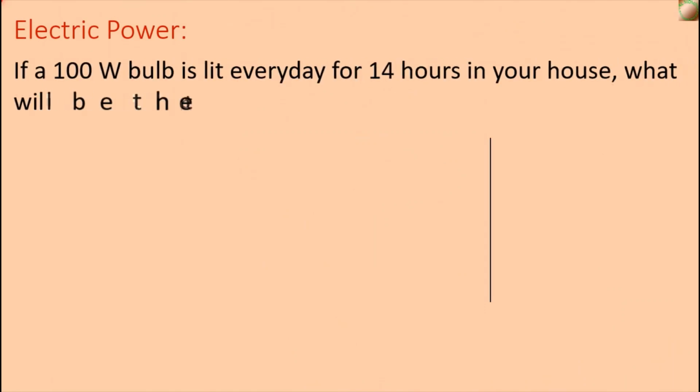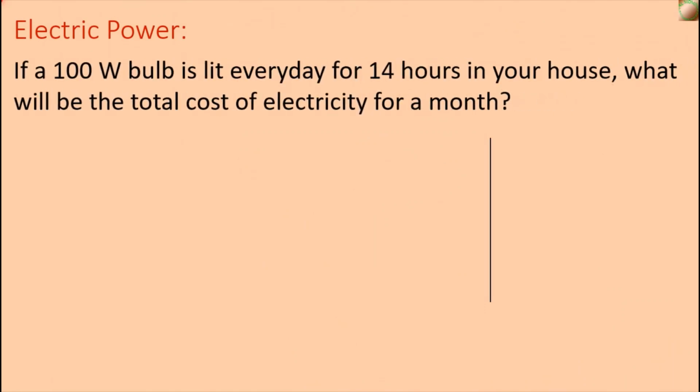If a 100 watt bulb is lit every day for 14 hours in your house, what will be the total cost of electricity for a month? 1 unit cost is equal to 8.5 taka.